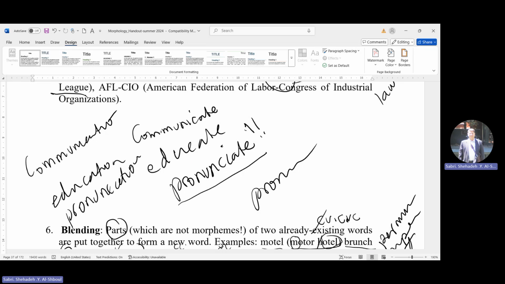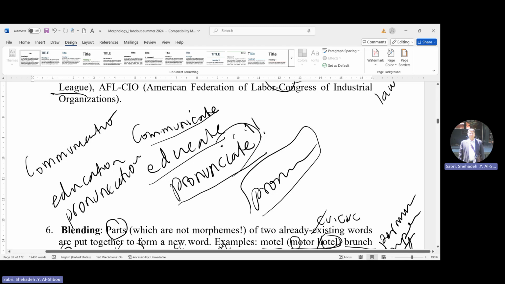So out of communication we get communicate, out of education we get educate, and out of pronunciation we get pronunciate, despite the fact that there is a verb pronounce. With the passage of time, maybe this form becomes acceptable in the language.